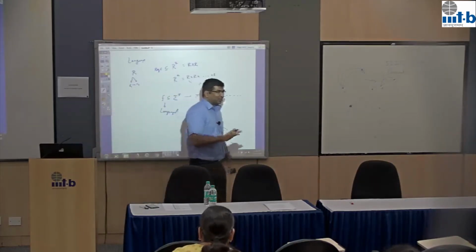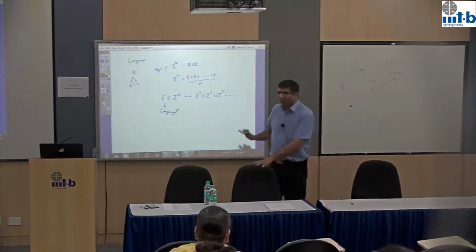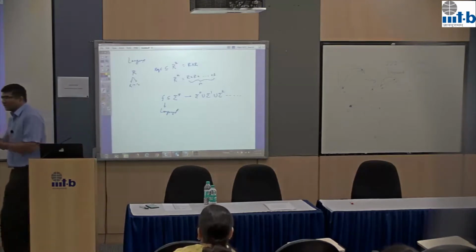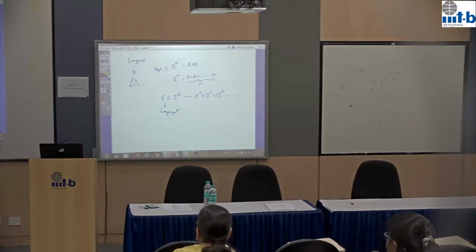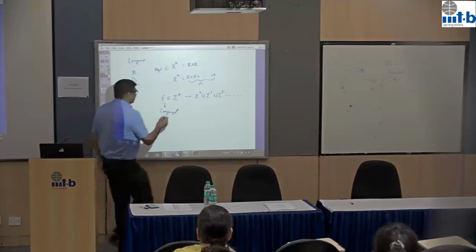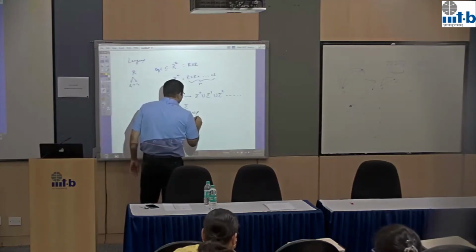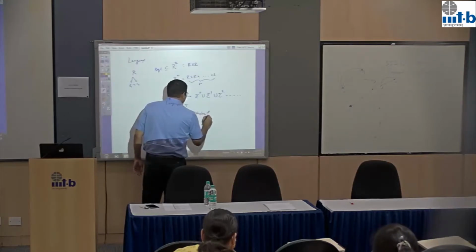a formal language. What do we mean by a formal language? It's simply a set of strings from a given domain, and the domain, sigma, is called the alphabet.